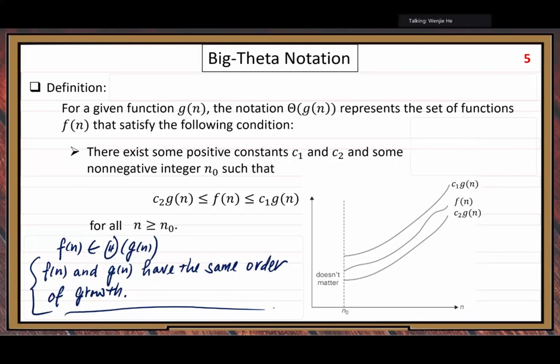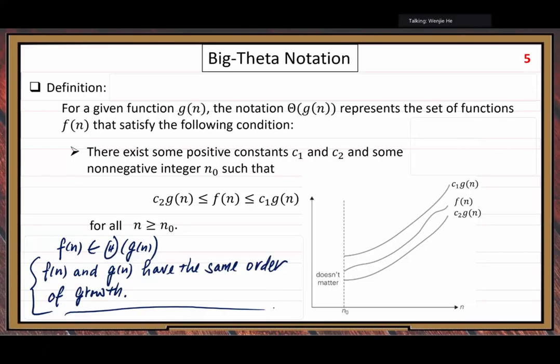Why can you treat these two functions as having the same order of growth? We want to understand why it is reasonable to think these two functions have the same order of growth.